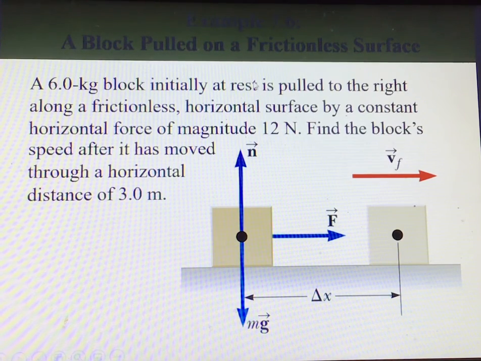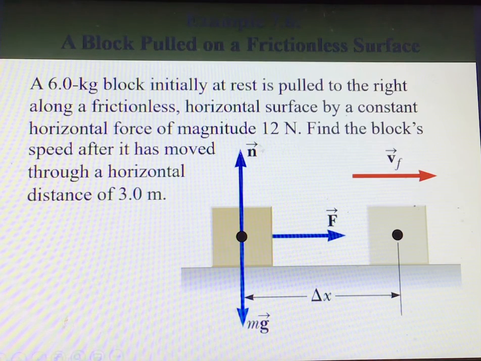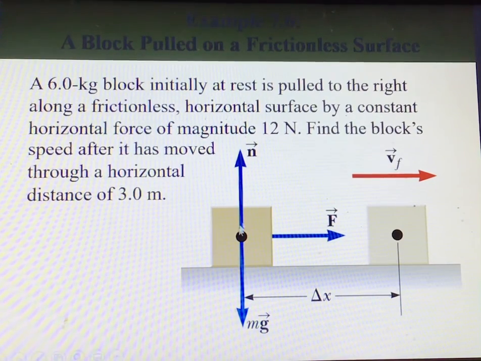So that tells me that the initial velocity is 0. Then we know that this is pulled with a force that is 12.0 newtons, with this force right here. What we're going to do is find the block's speed after it has moved through a distance of 3.0 meters. So again, this is the problem right here.